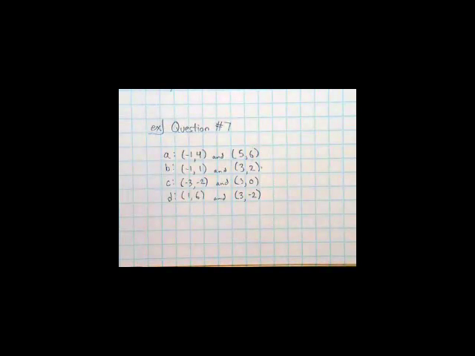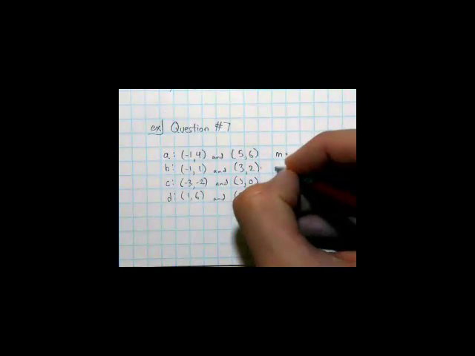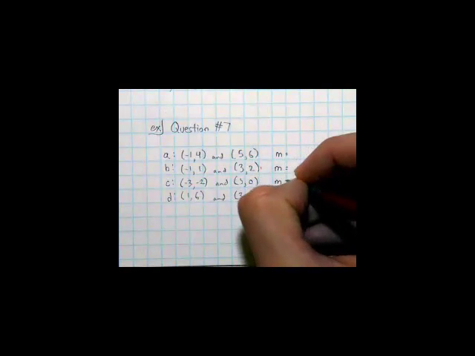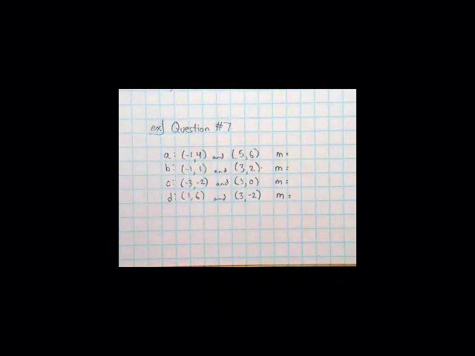Okay, so slope for each of these, what do we get? How do you find the slope between 2 points? It's a good question. Kind of need to know that. Who can help us out? How do you find the slope between 2 points?